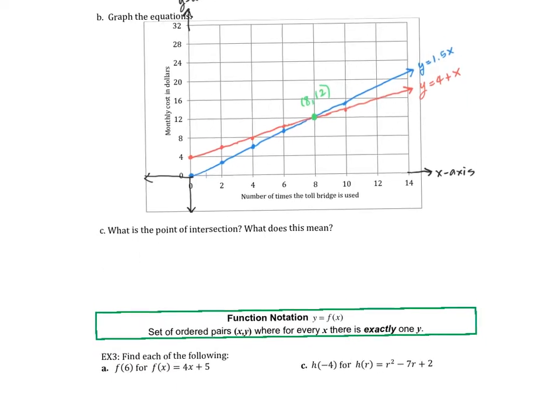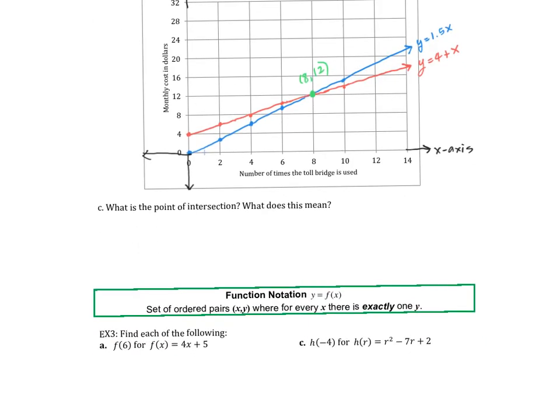The point of intersection would be the point in parentheses 8, comma 12. So what does this mean?